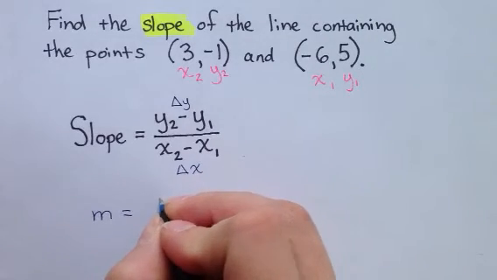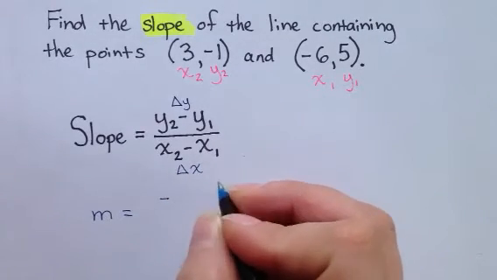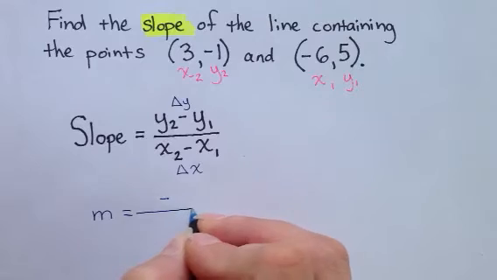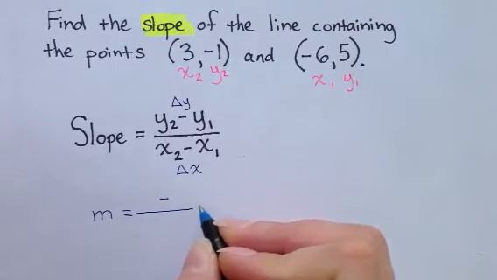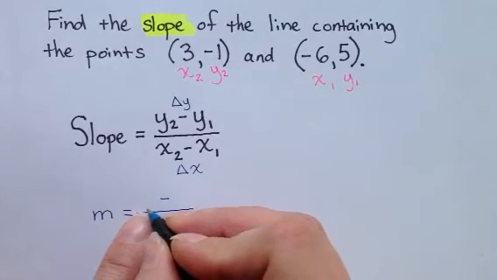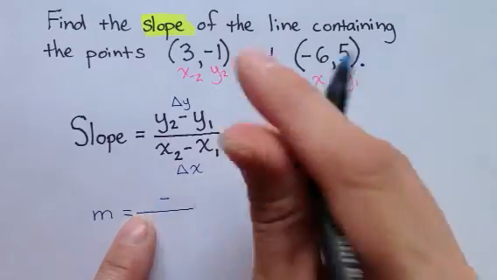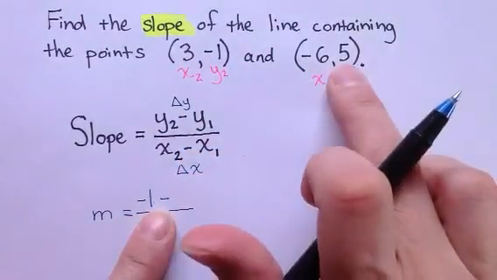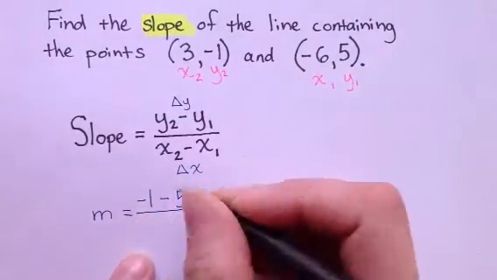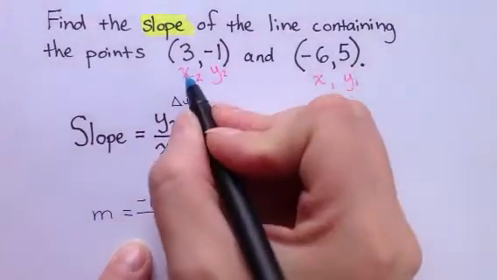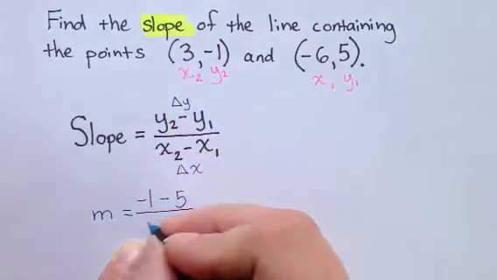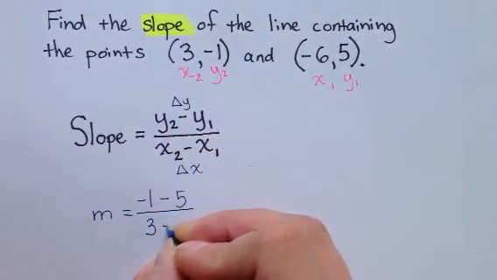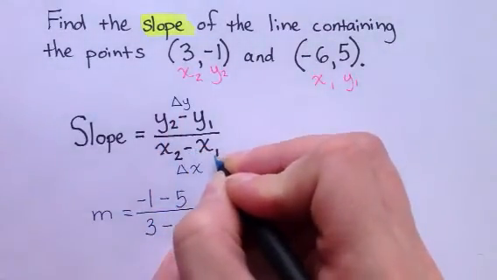It's y minus y. So be careful, because sometimes your second number is negative, and that changes things. So at y2, from the first point, -1 minus 5. And now I'm going to do the x's. I'm taking from the first point 3, and again the formula is minus x1.